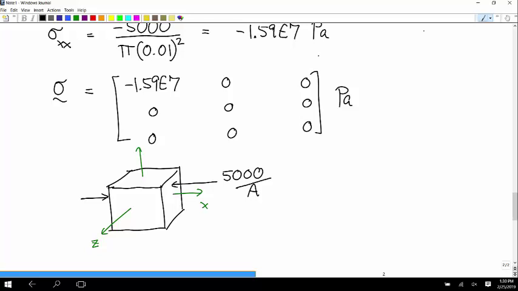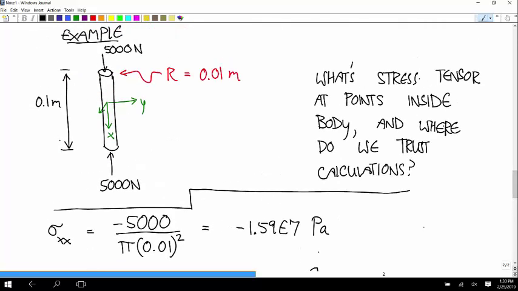So if you think about the way it works on a stress cube, that always tells you the signs. If we were just talking about normal stresses, tension is always positive and compression is always negative. So in this case, it's in compression, so it's negative. You can also imagine reshaping this thing into a stress cube, and the direction of those forces tells you that it's a negative normal stress.